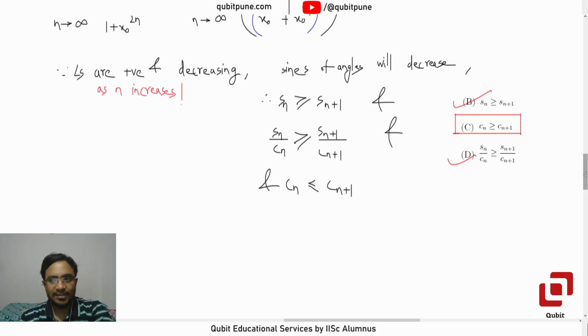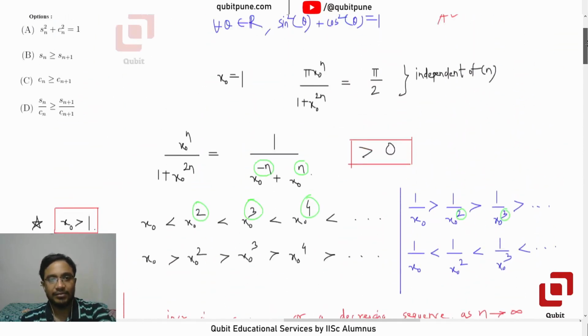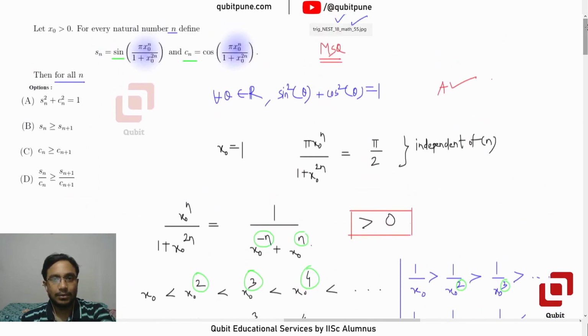Now there is still that issue about tan when x naught is equal to 1, but I think we have to kind of reject it or ignore it, so to speak. Maybe they should have specified let x naught be positive and not equal to 1, because otherwise the validity of option D is questionable.